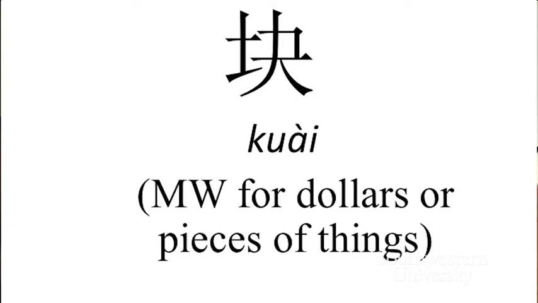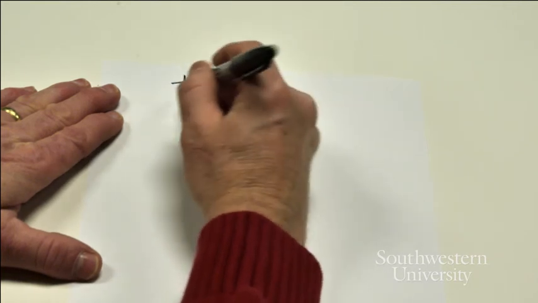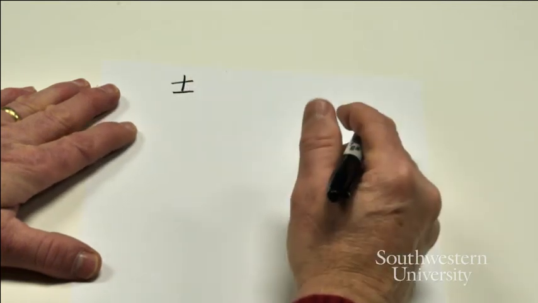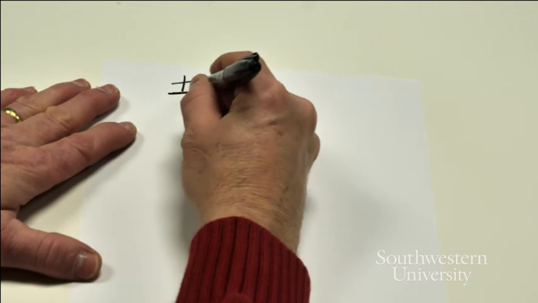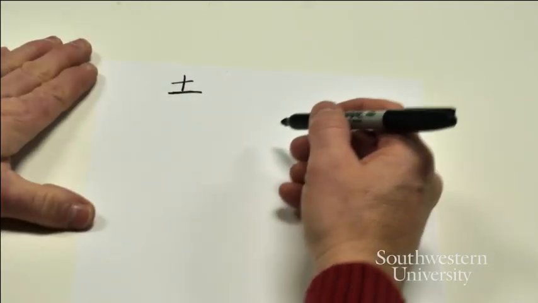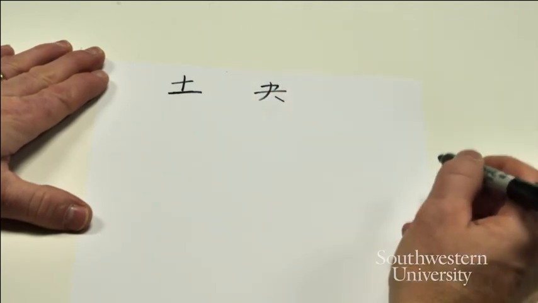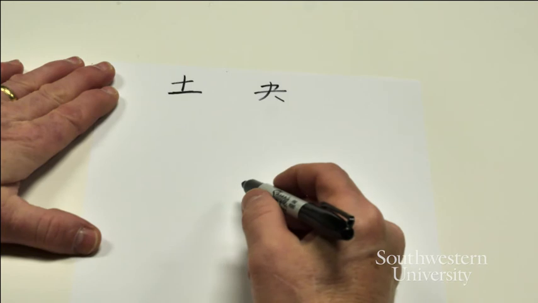The next character, kuai. Spoken measure word for dollars. It actually means chunks or pieces, so the radical is earth. Bottom stroke needs to be longer than the top. And the right-hand side is phonetic, kuai. And I do not recall what it means.